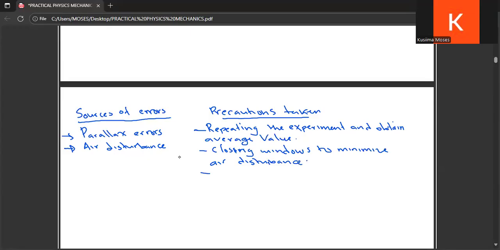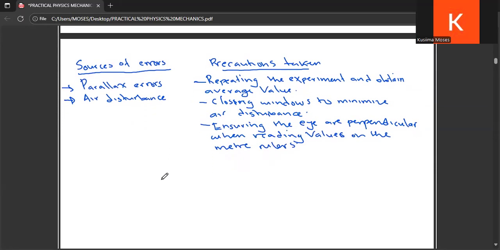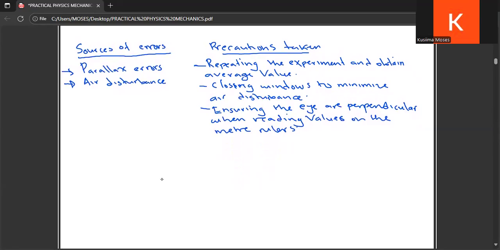We can also ensure the eyes are perpendicular when reading values on the meter rule. That is another precaution that has been taken. Now, all these are done before.